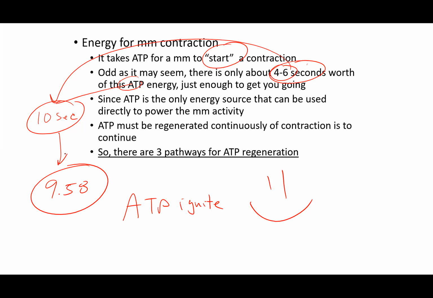All right. Now I remember reading articles from a long time ago. The exercise physiologists did not think a human could do the 100-meter dash in under 10 seconds because of this. Because the ATP storage for immediate energy is only 4 to 6 seconds.